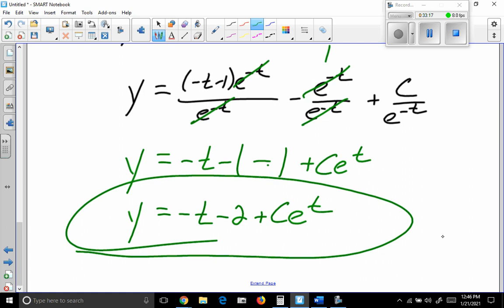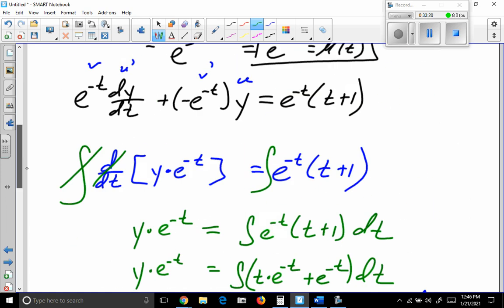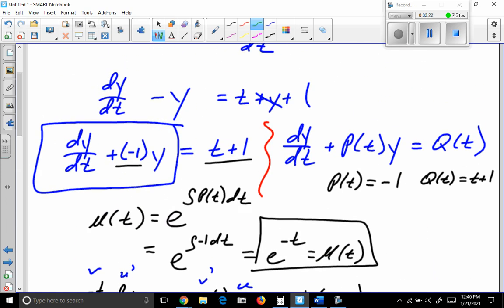Biggest key here is finding that special integrating factor, mu of x. In linear first order differential equations, mu is always going to be e to the integral of p. Whatever we determine p to be, mu is going to be e to the integral of p.